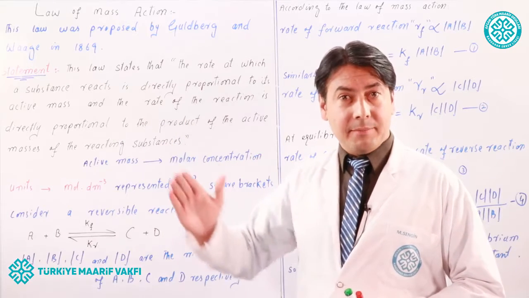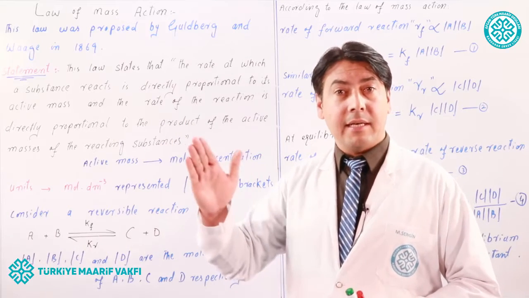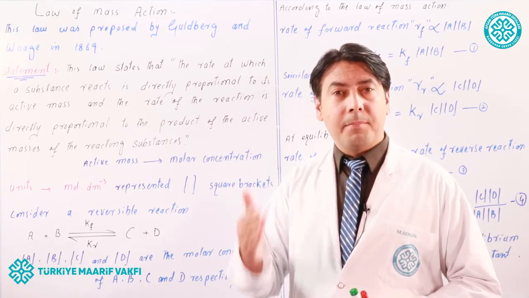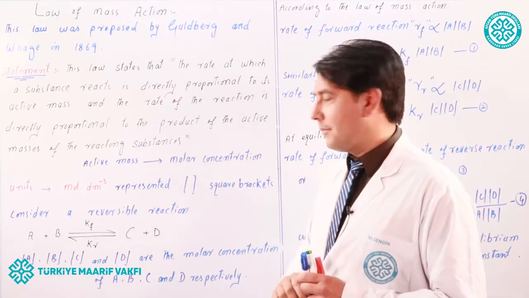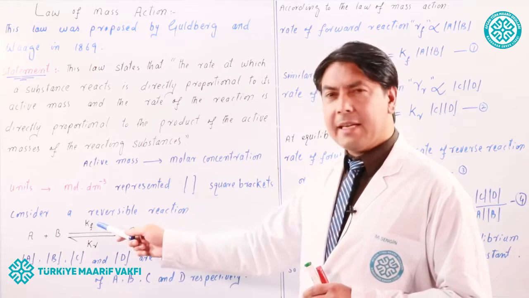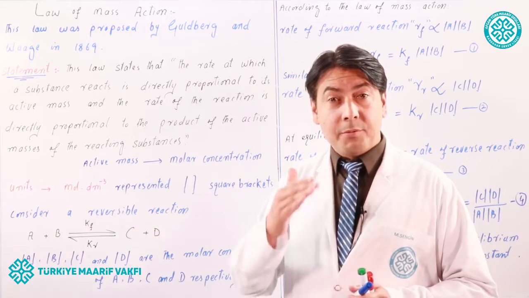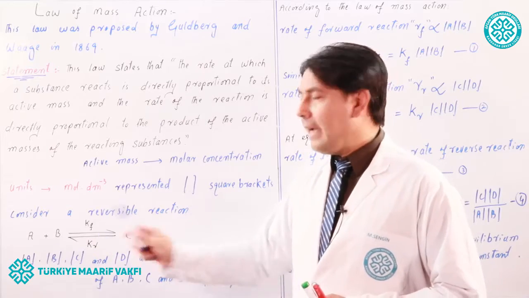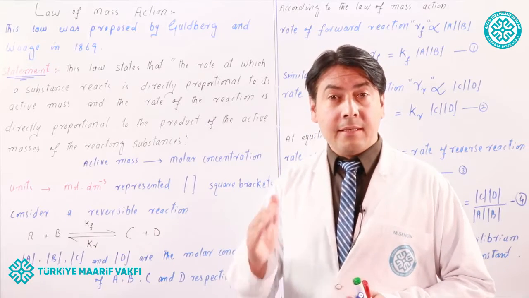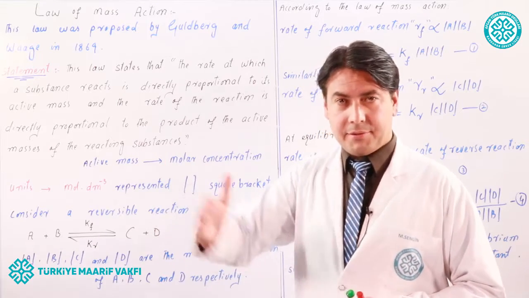The rate of the reverse reaction is directly proportional to the product of the active masses of C and D. Where Kf is the proportionality constant for the forward reaction and Kr the proportionality constant for the reverse reaction.